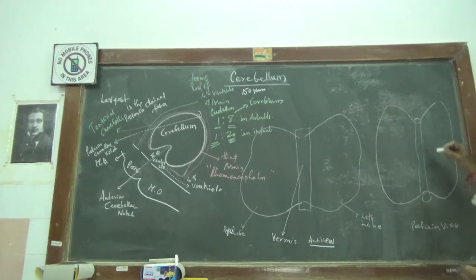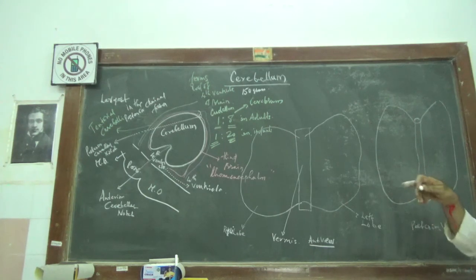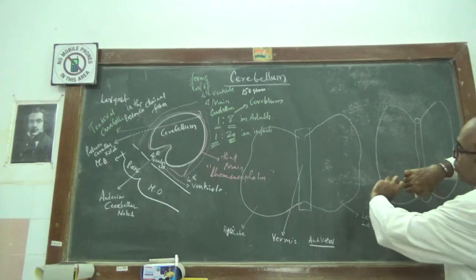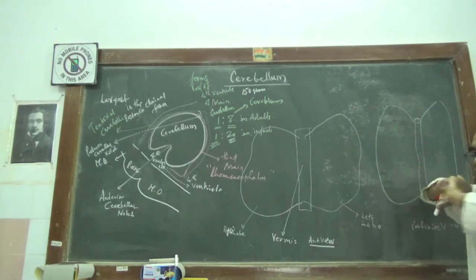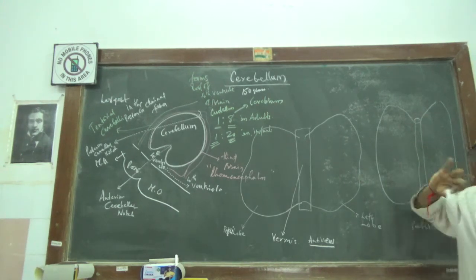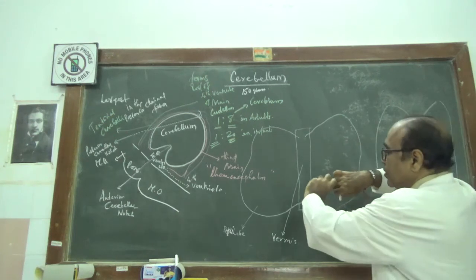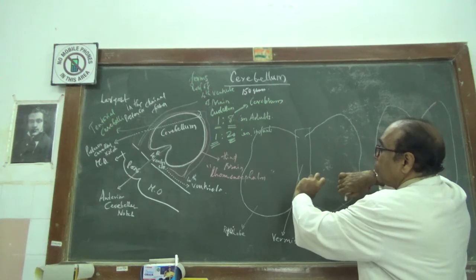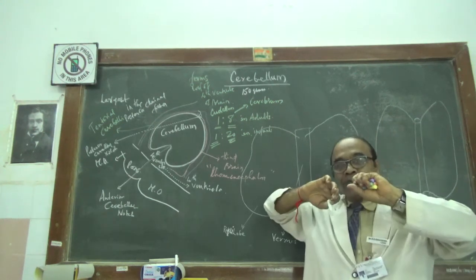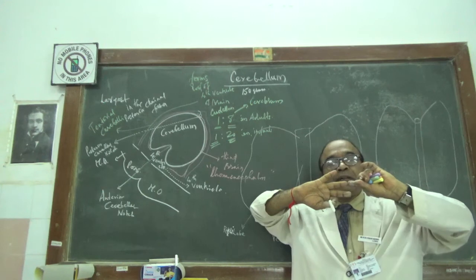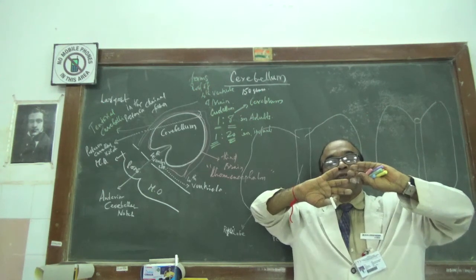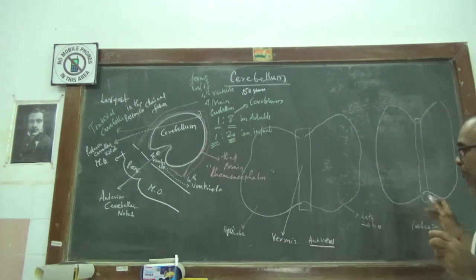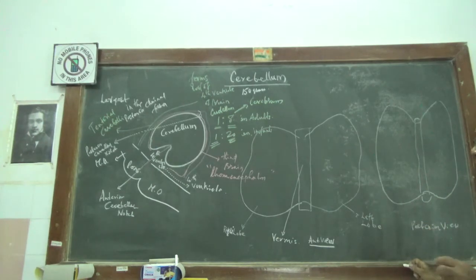So that median plane will produce some notches in front and some notch behind. This will be the posterior notch, and this will be the anterior notch, considering the two lobes of the cerebellum. Now this will be the anterior cerebellar notch. So those notches are there on the median plane.